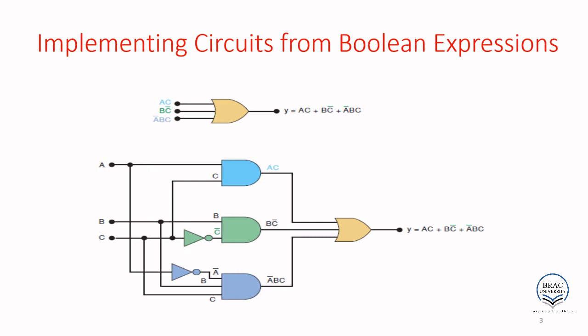So you need an OR gate for the plus. Use the OR gate and get the output. So that is your question. You need to draw the circuit for this Boolean expression, and this is your ultimate circuit from the Boolean expression. You can draw a similar circuit for any Boolean expression.